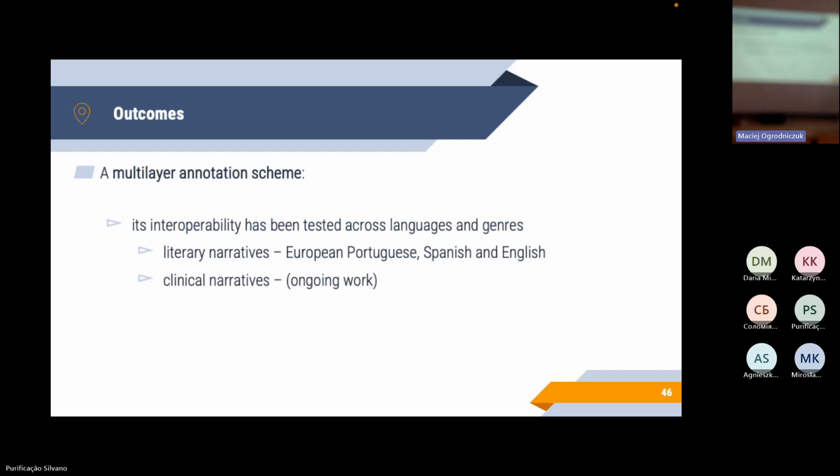Now I have a master's student that is working in clinical narratives, and she's going to use our annotation scheme, but she will have to develop what we can call a specialized branch of annotation to be able to capture more information related to the health domain.